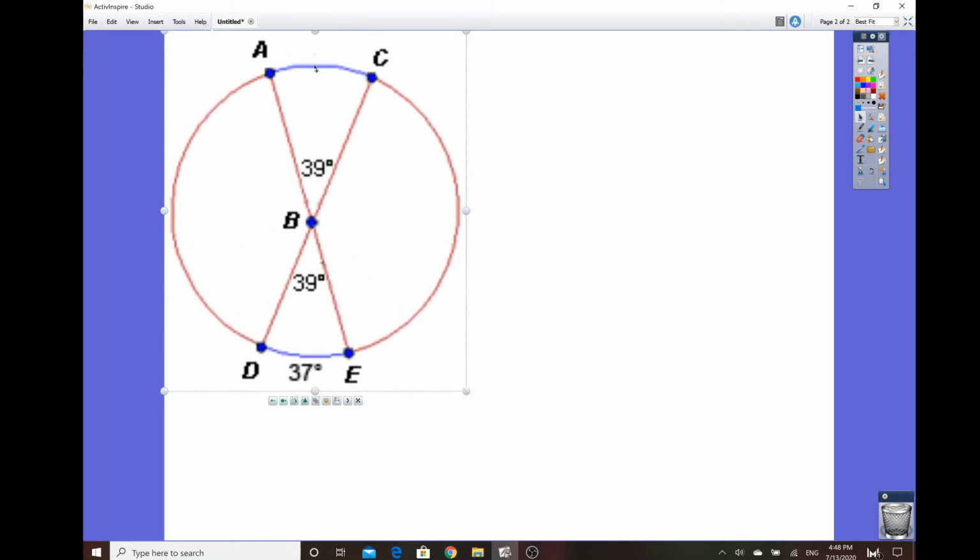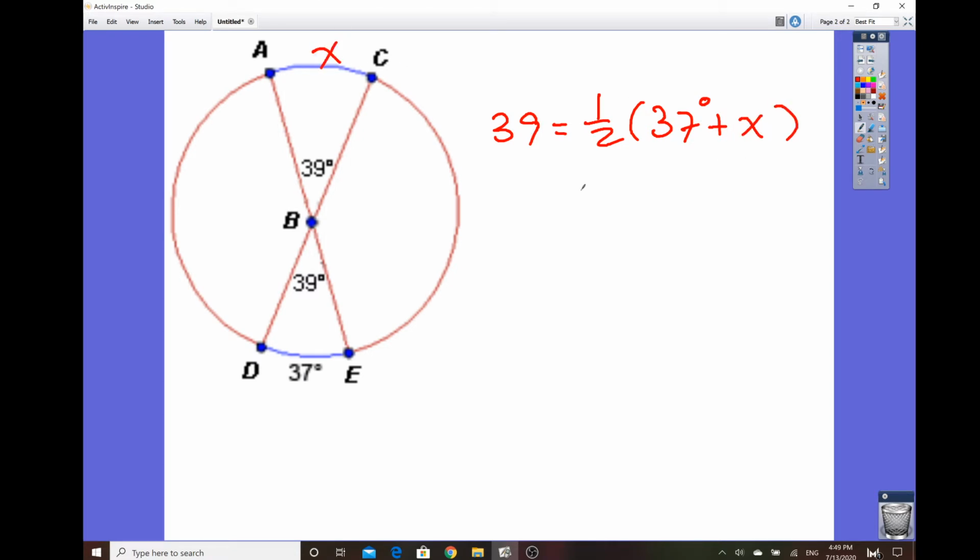Okay, so the one that's missing is RAC. That one would be considered either the minor arc or the major arc. We do know that the inner angle is 39. So 1/2 times the measure of the minor arc, 37, plus the major arc. Let's say the major arc is X. So solve for X. Multiply by 2 first, and you'll get 78.